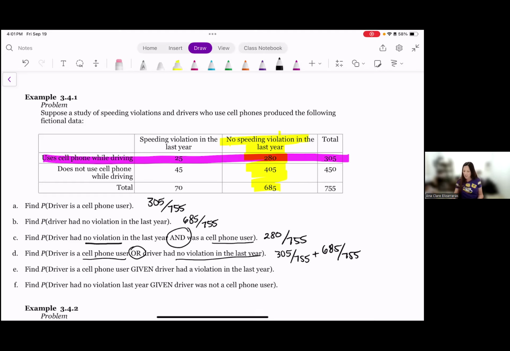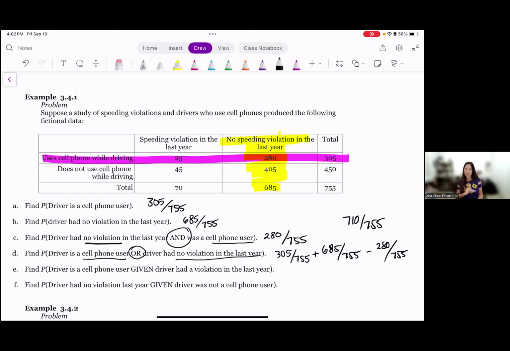But that's going to give me 990. How can I have 990 when there's only 755 individuals? These two events are not mutually exclusive. They can occur, and their intersection is not zero. So the general addition rule says I need to subtract away their intersection, what they have in common, of 280 in order to not double count them. That's a probability of 710 out of 755.